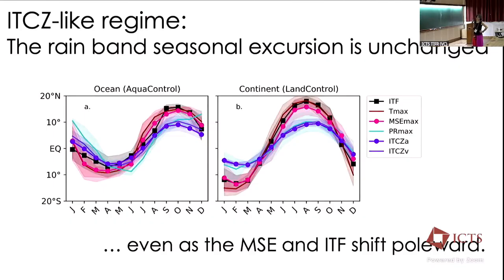But basically, the centroid of precipitation, the precipitation maximum in aqua, and then the MSE maximum, the temperature maximum, and the intertropical front. And so there's some separation at the solstice over aqua. There's a stronger separation over land. But we see that even though the MSE goes farther north, the precipitation doesn't really. So that correspondence is there, but it's not one-to-one.